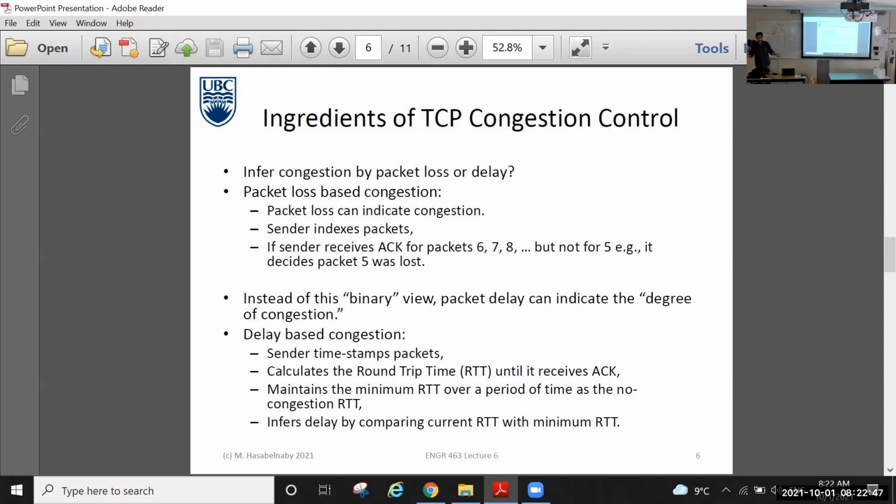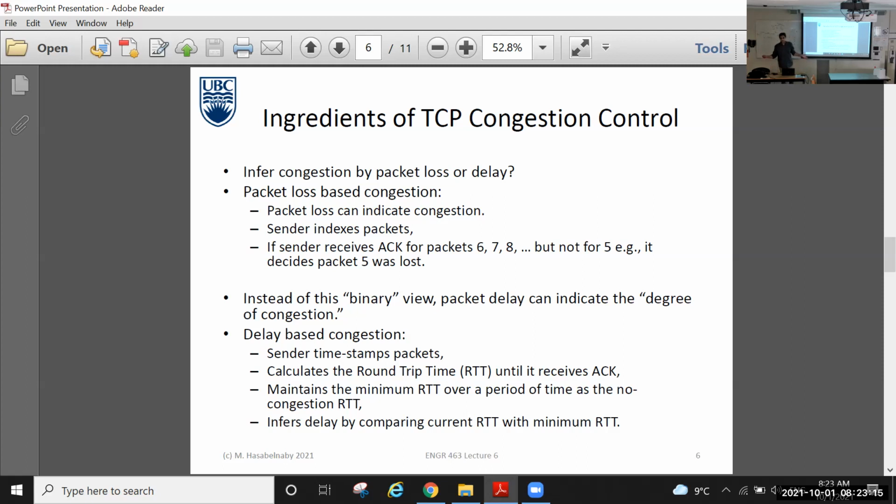So if you send packets 1, 2, 3, 4, 5, 6, 7, 8, you are expected to receive 8 acknowledgements, one for each packet. If you receive acknowledgements for 1, 2, 3, 5, 6, 7, 8, and you didn't receive an acknowledgement for packet 4, and its round trip time is over, then we have lost it.